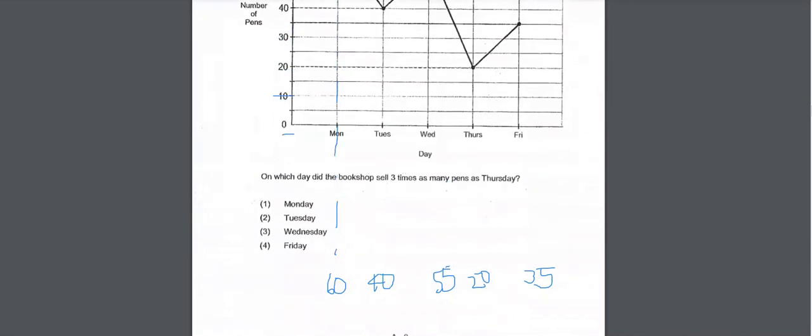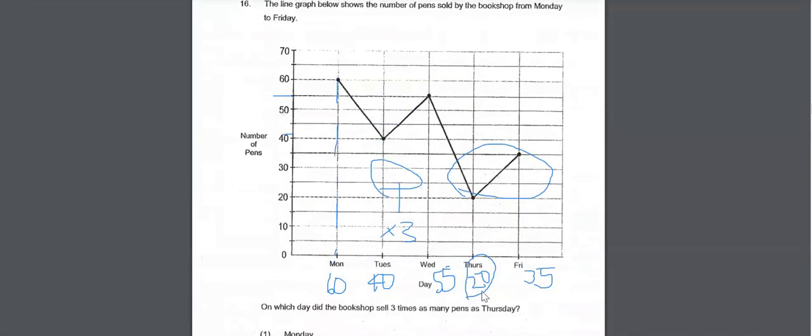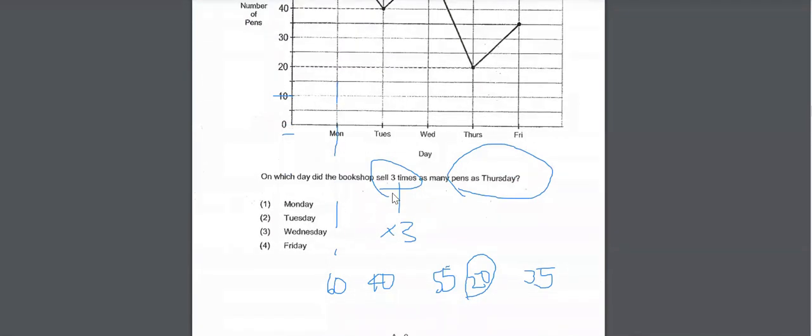Because it says, on which day does it sell 3 times, means times 3, as many pens as Thursday. And on Thursday, you can see that we have 20. And it means 3 times. So if Thursday we have 20, what is 20 times 3?